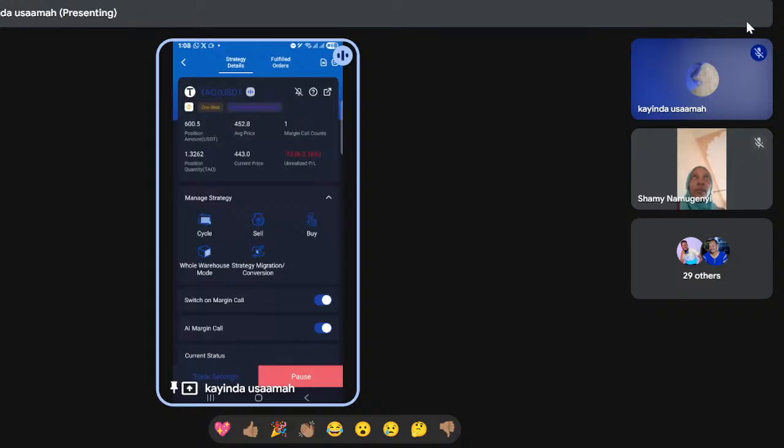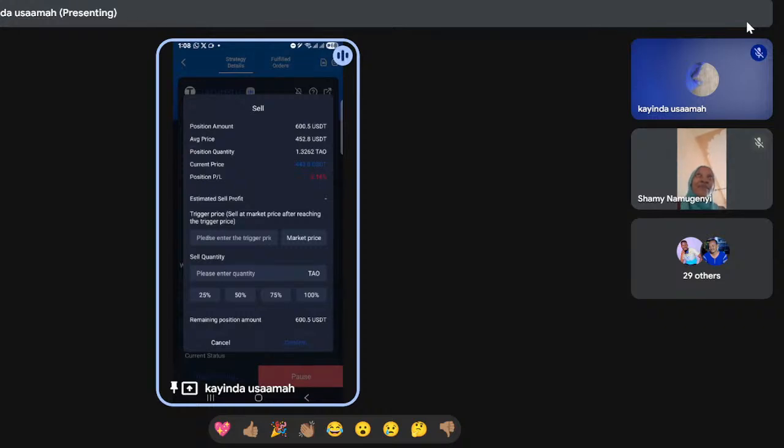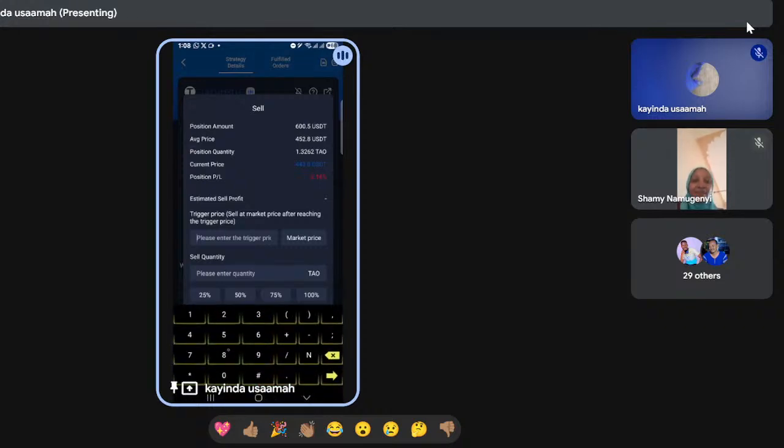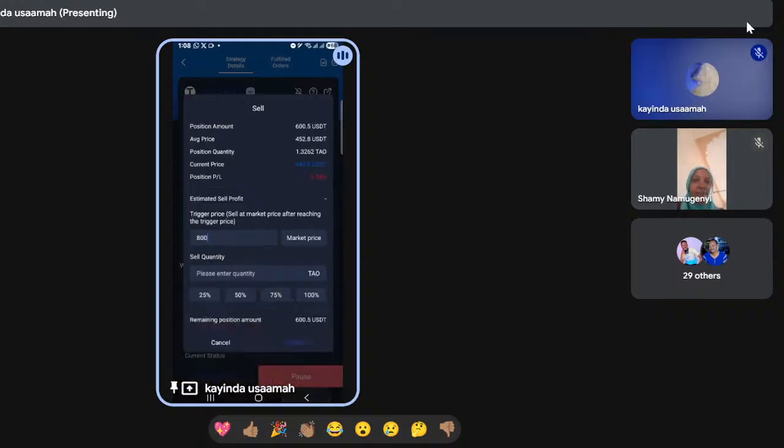Now, what do you do? Simple. You come and tap sell. Are you seeing the words please enter trigger price? You tell your robot, I want you to sell this coin at $800. This is the price. Then the robot asks, how many coins do you want me to sell? You tell it 100%. Then it will show you the profit you will make if the trade goes there. The robot is showing me that I will make a profit of $460.